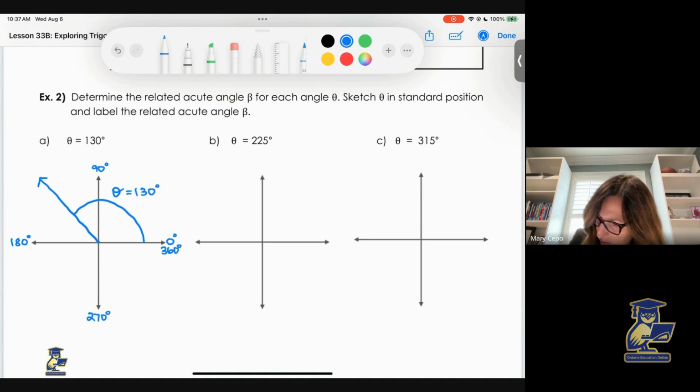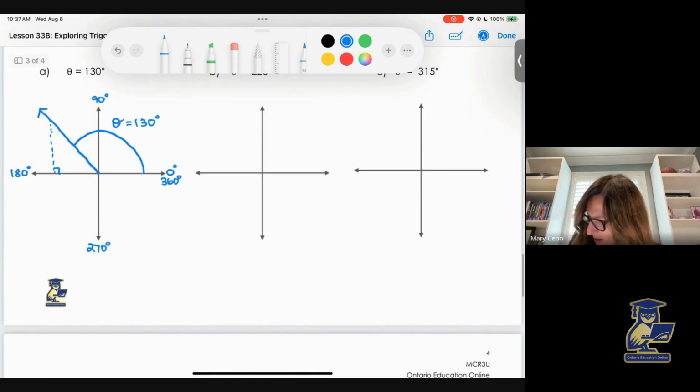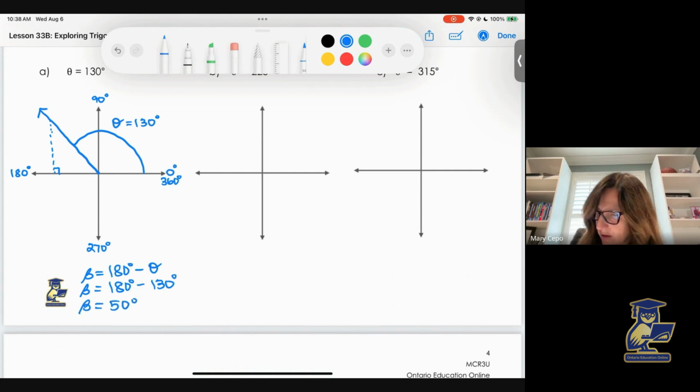Now, because we are in quadrant number 2, we know the beta angle is going to equal 180 minus your principal angle, which happens to be 130 degrees. So the beta angle is equal to 50 degrees.